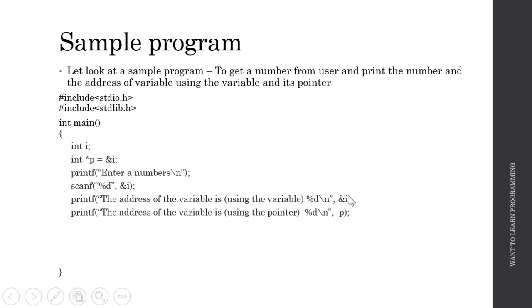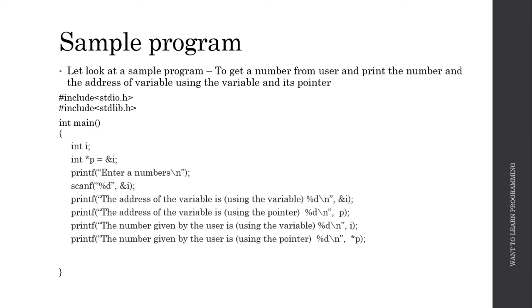Now to print the content of the variable using the variable, we can just use i. That is the number given by the user using the variable, percent d, i. Similarly, to print the number given by the user using the pointer, we use star p, and then we use return 0 to return control to the user.